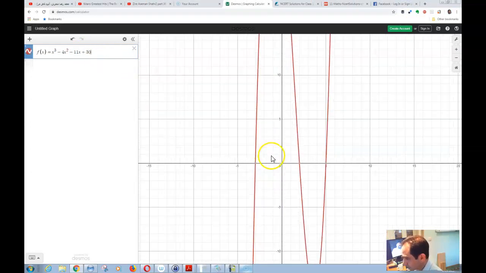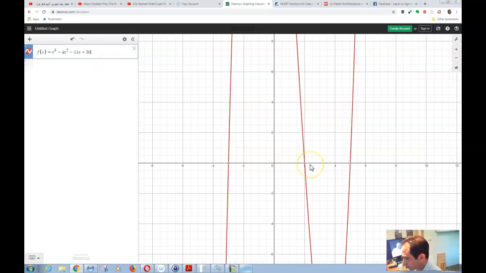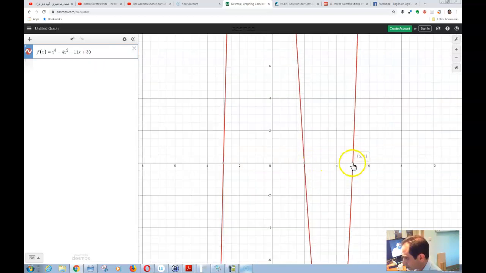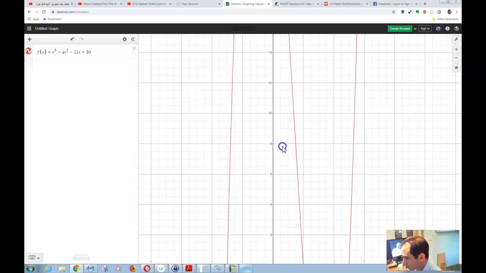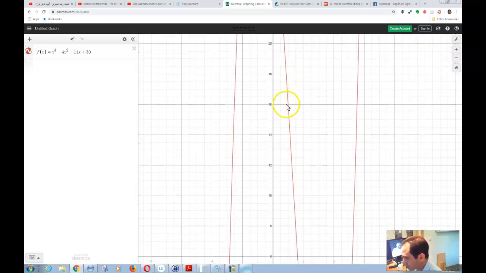As you can see, the function goes through the x-axis at exactly these points: positive 2, positive 5, and negative 3. And at x is equal to 1, the output of the function is exactly at 16. So at x is equal to 1, this is the point 1 comma 16.